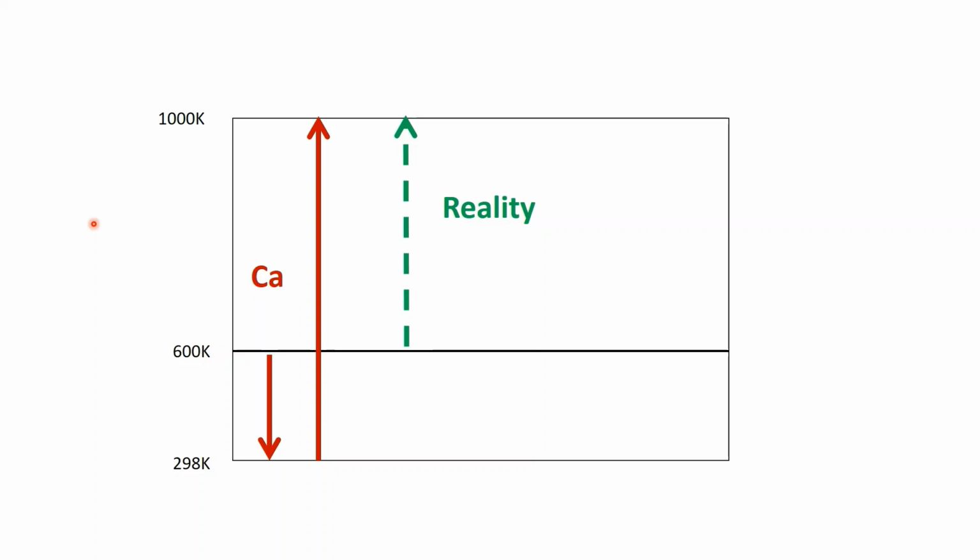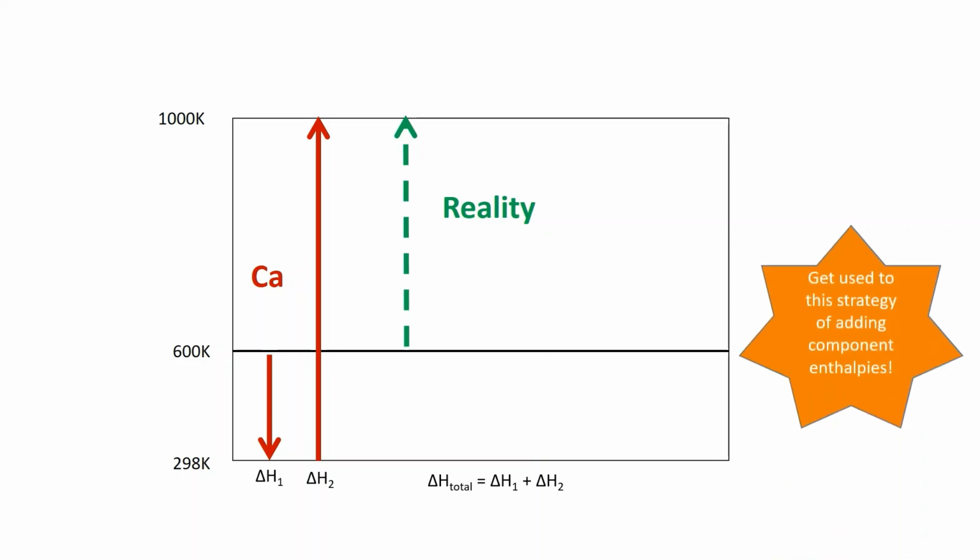All right, so we just worked out this problem, and here's a prettier diagram of what actually happened. So in reality, we were taking calcium from 600 K to 1000 K, but if we're using those sensible heat tables, we first have to drop the temperature from 600 K to 298 K and take that delta H. We then raise from 298 K to 1000 K and take that delta H. So then we just add them together, paying attention that since we were dropping the temperature, this is a negative value.